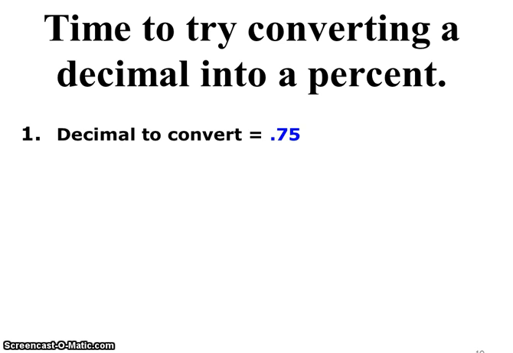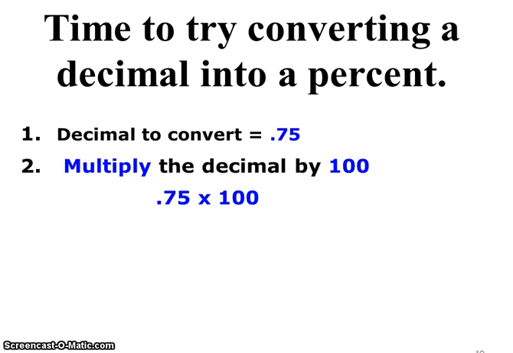Alrighty, let's try converting a decimal into a percent here. Again, you just simply multiply by 100. This 0.75 means that if I took a multiple choice test that was 100 questions and I got 75 right, I could represent it as a fraction, 75 over 100, and then break it down to lowest terms, 3 over 4.